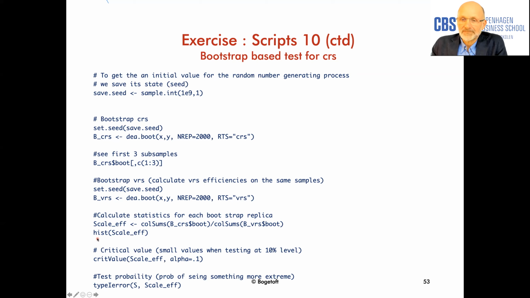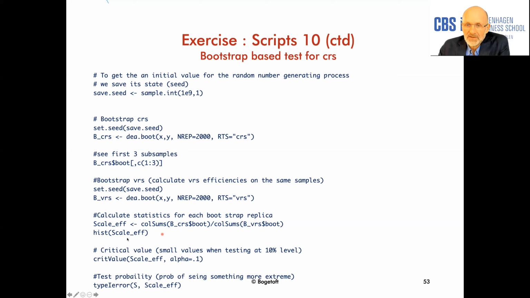This is the S variable from before, where the S variable was the specific value of that statistic for the data I have on hand. So this one here will give us 2,000 observations from the distribution of S.